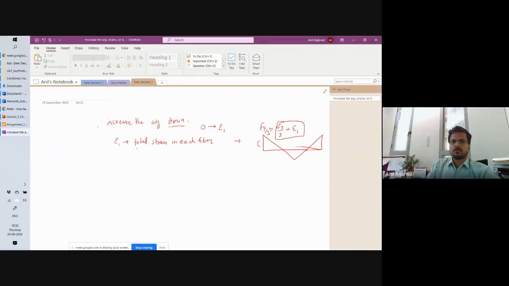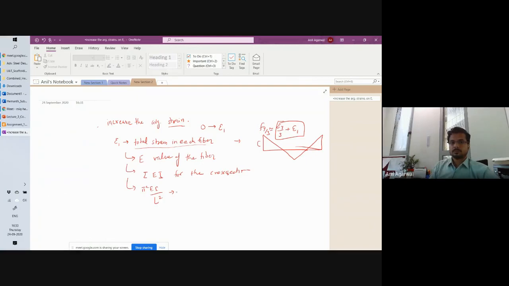So from epsilon 1, calculate the total strain in each fiber. Then calculate the E value of the fiber. Calculate the sigma EI for the cross section. Calculate pi square EI by L square.